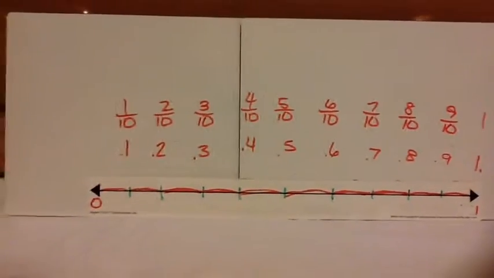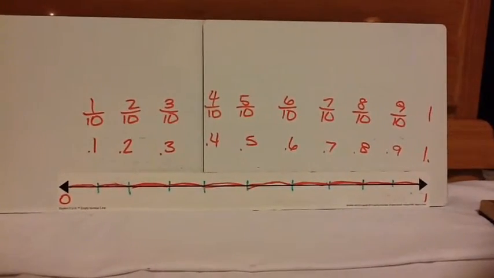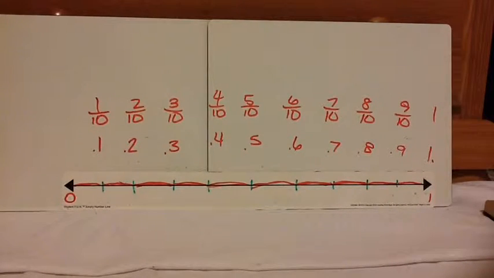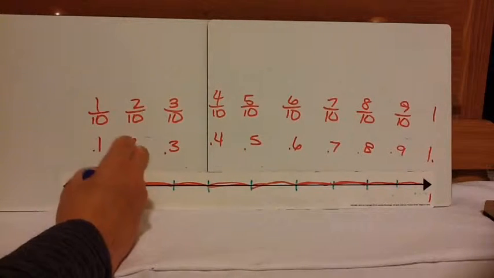Okay, so I want to go back real fast to tenths again. I went ahead and labeled them 1/10, 2/10, 3/10, all the way up to 1. And so my question is, suppose you're asked what goes right there.